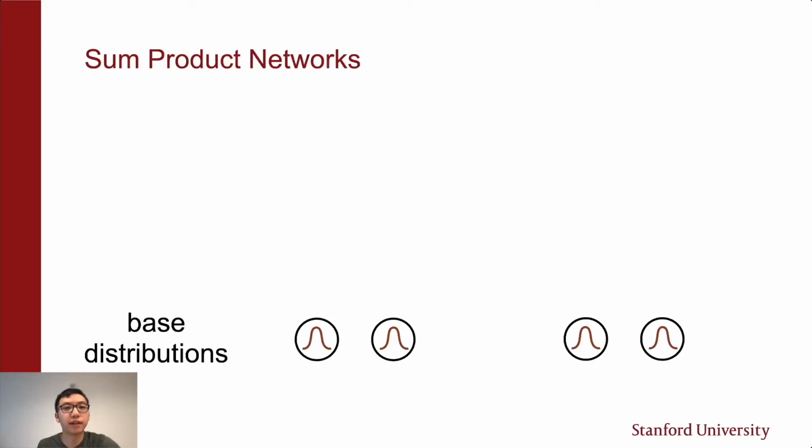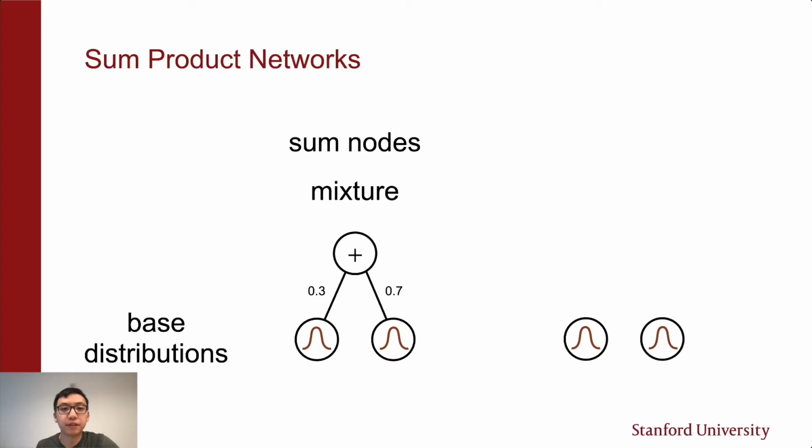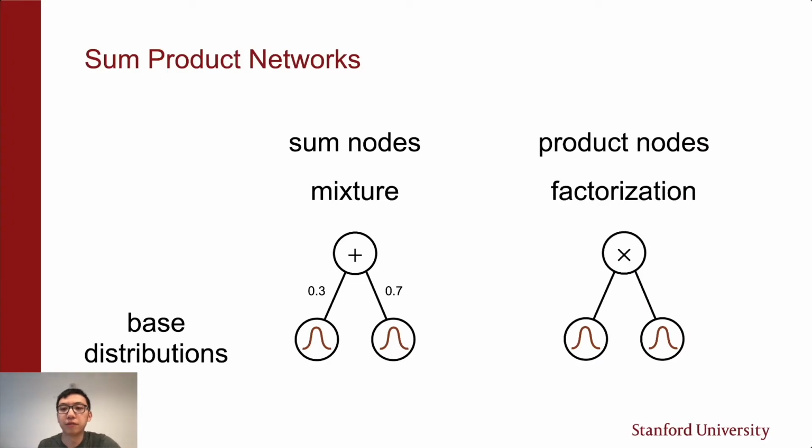So what are sum product networks? At its core, it's made up of a bunch of base distributions, and these can be simple, such as univariate Gaussians. And we can add sum nodes, which take mixtures of distributions. And we can also add product nodes, which we can think of as factorizing distributions.